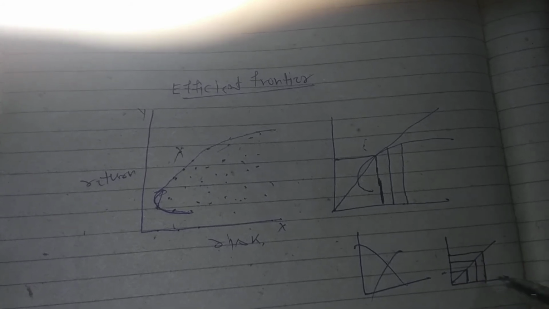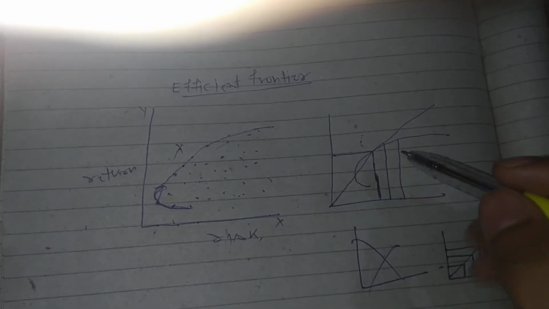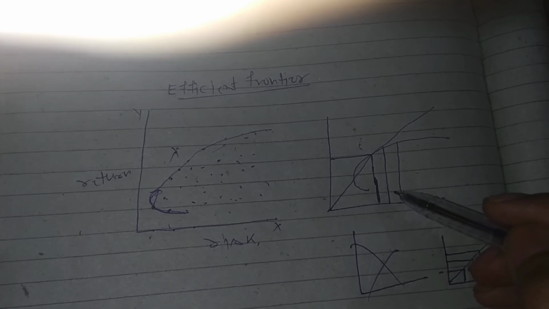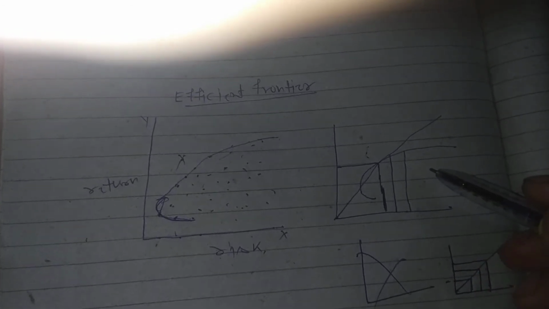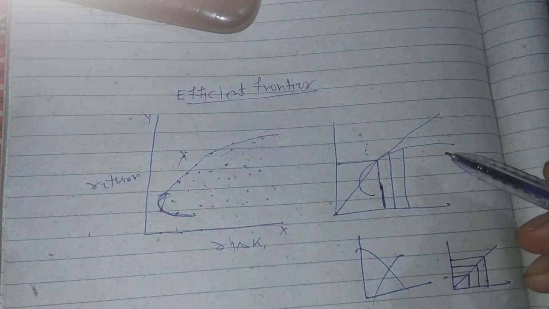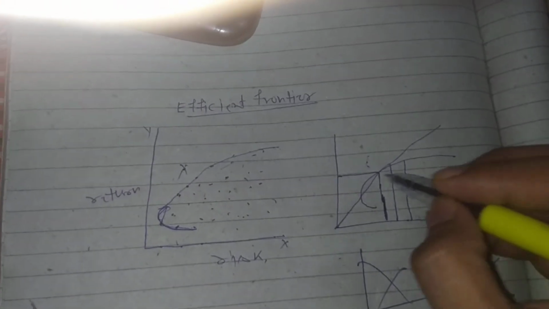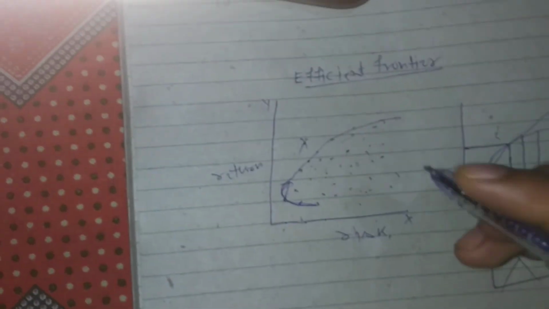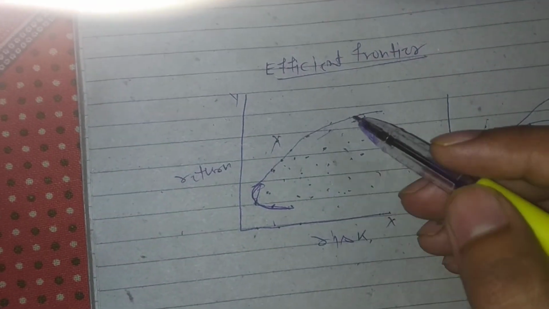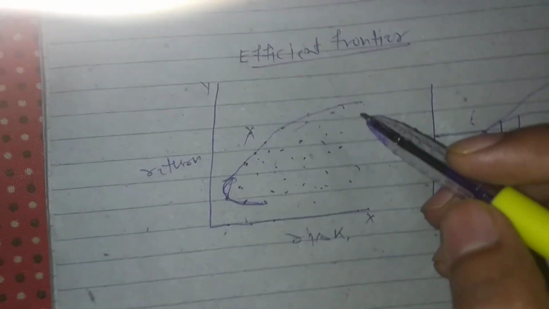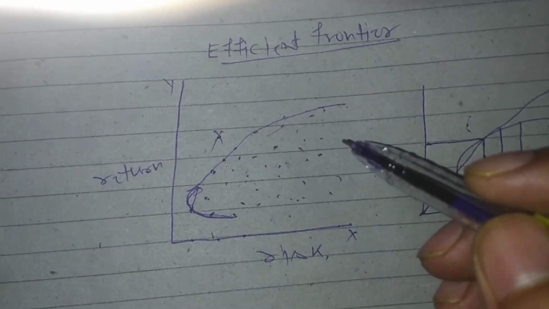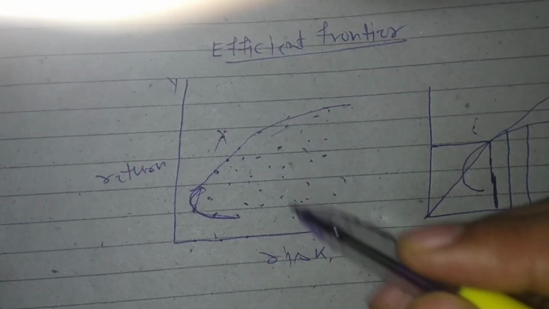These are increasing proportionately, but here it is not proportionate. It means if we increase our level of risk, there may be a situation where return does not increase very much, but the efficient frontier represents the relationship between risk and return.